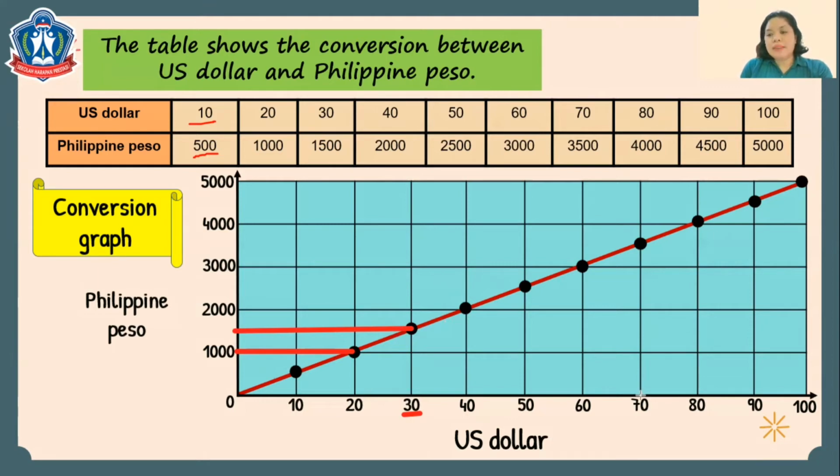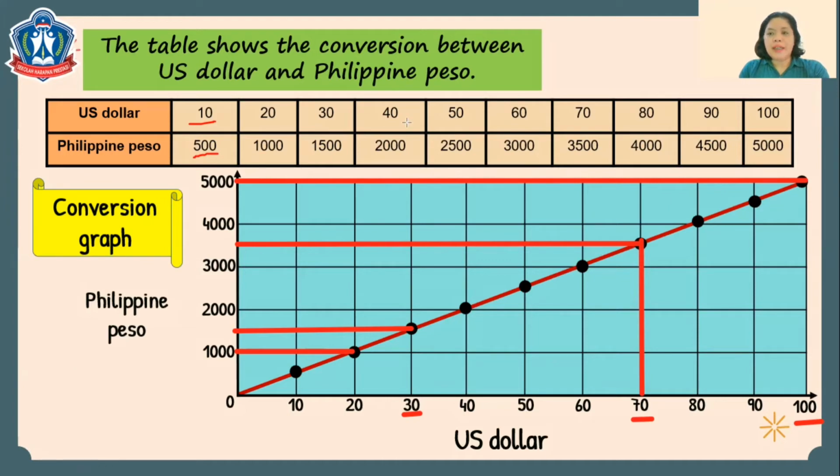Now, if you have 70 US dollars, what is the conversion in Philippine pesos? This is between 3,000 and 4,000, so the conversion is 3,500. If you have 100 US dollars, the conversion is 5,000. So this is what we call a conversion graph, and this is still an example of a line graph.